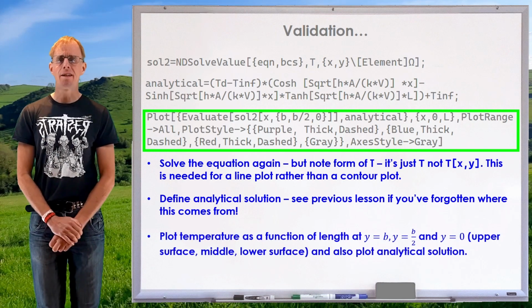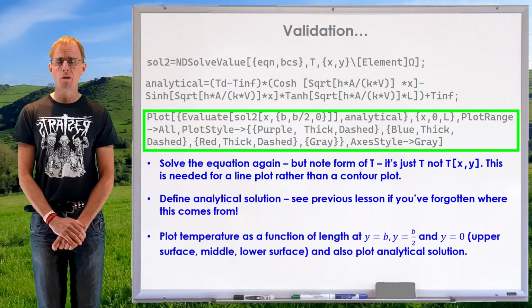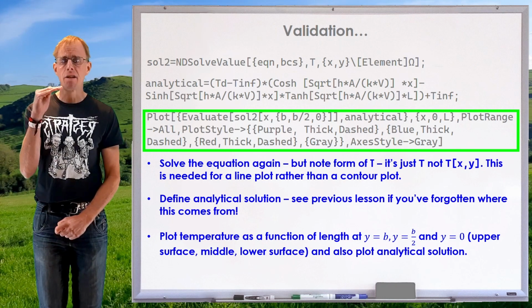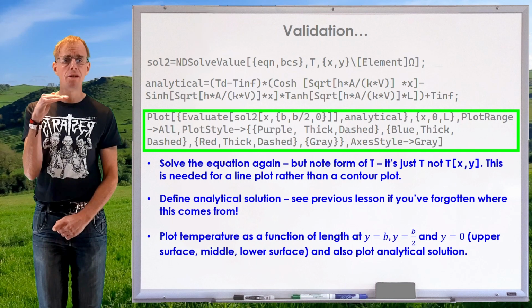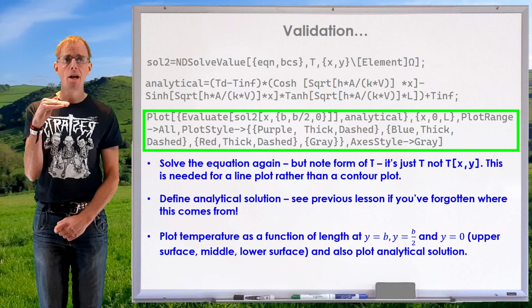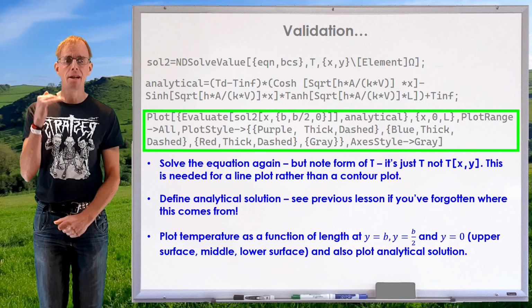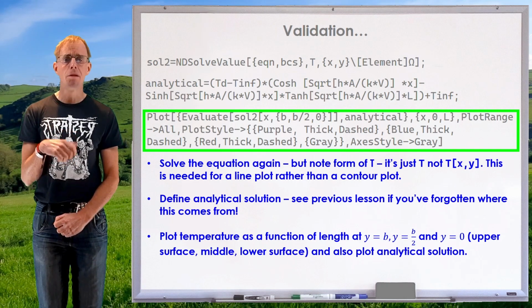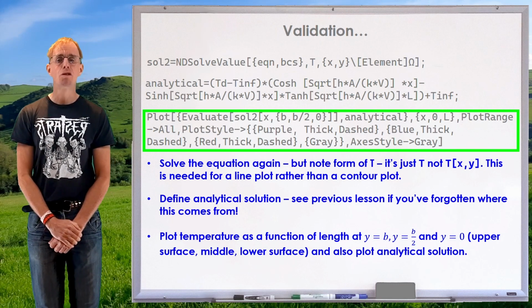If we look at the detail here, I've got 4 plots going on. I've got an answer in the core of the material at b/2 and the upper and lower surface at b and at 0. And the numerical solutions are going to be the purple, blue and red lines. The analytical solution is going to be the grey line.